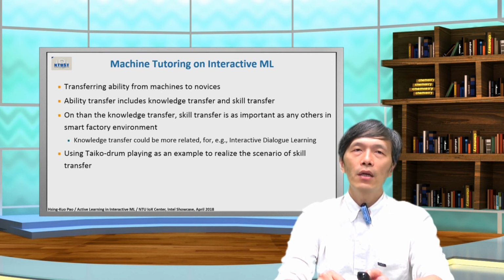The knowledge transfer could be more related to interactive dialogue learning, and in our part we want to focus more on the skill transfer. We use drum playing as an example to realize the scenario of skill transfer.